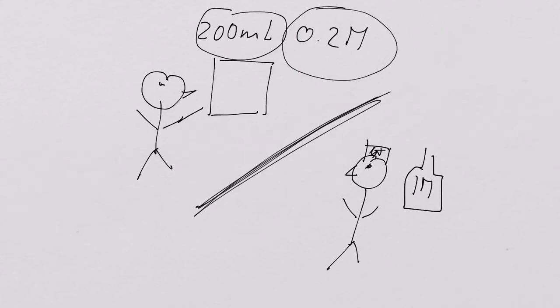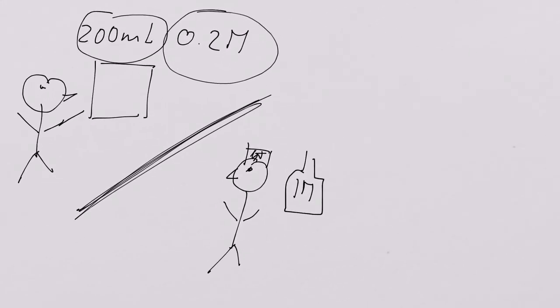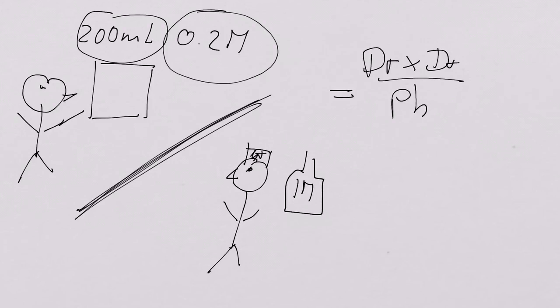That's exactly the problem. And all I need to do is say: doctor times doctor divided by the pharmacist. The doctor says two things, the pharmacist says sorry. 0.2 molar times 200 divided by 1 molar gives you your answer.